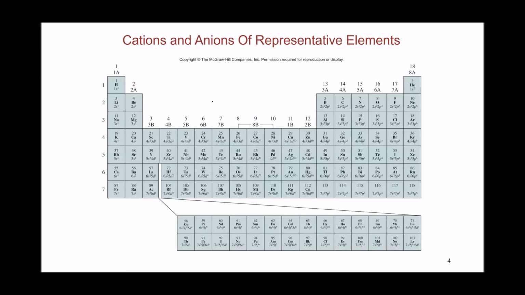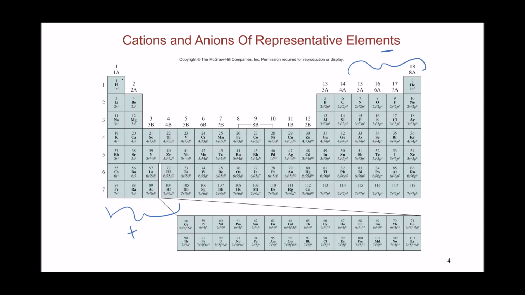Again, it will depend on the number of valence electrons it will either gain or lose. So left-hand side is going to prefer to lose and become positive, while right-hand side is going to gain and become negative. The number of electrons it will lose or gain is going to correspond to the number of valence electrons.